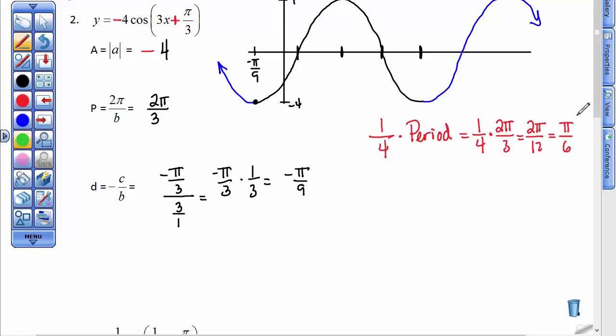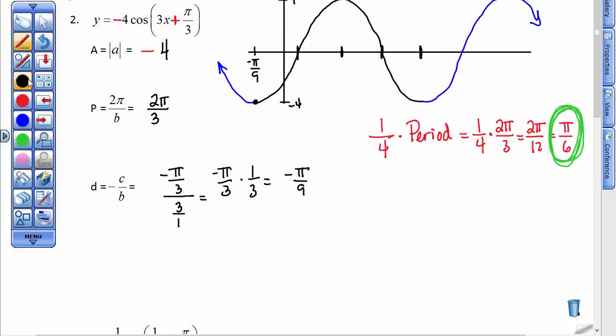This is a very key data point. It's the amount I'm going to add to this number to get to here. And once I get this number, I'm going to add that pi over 6 again to get to here, and again to get to here, and once more to get to here.